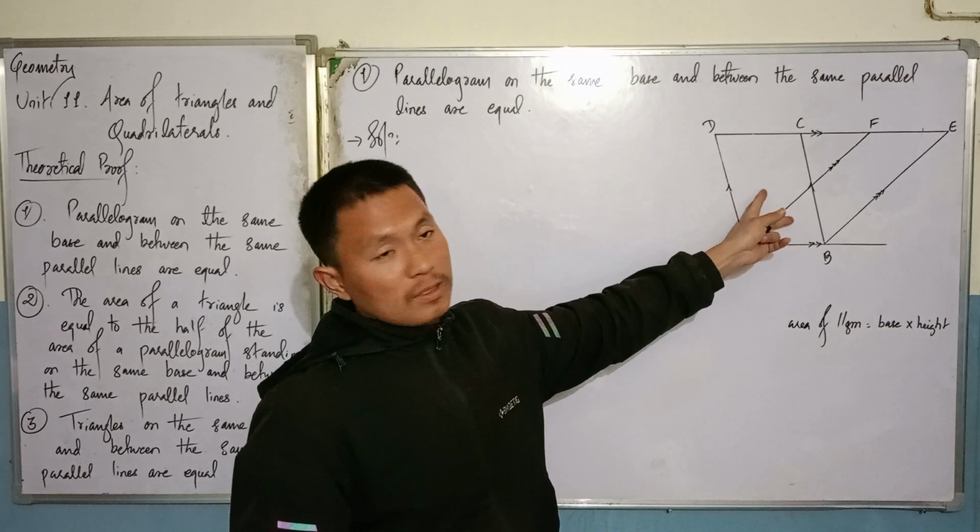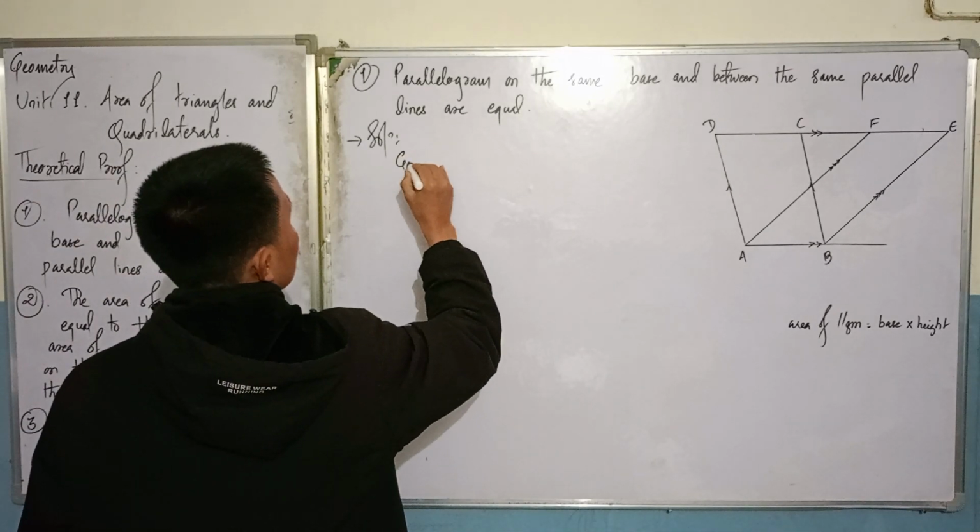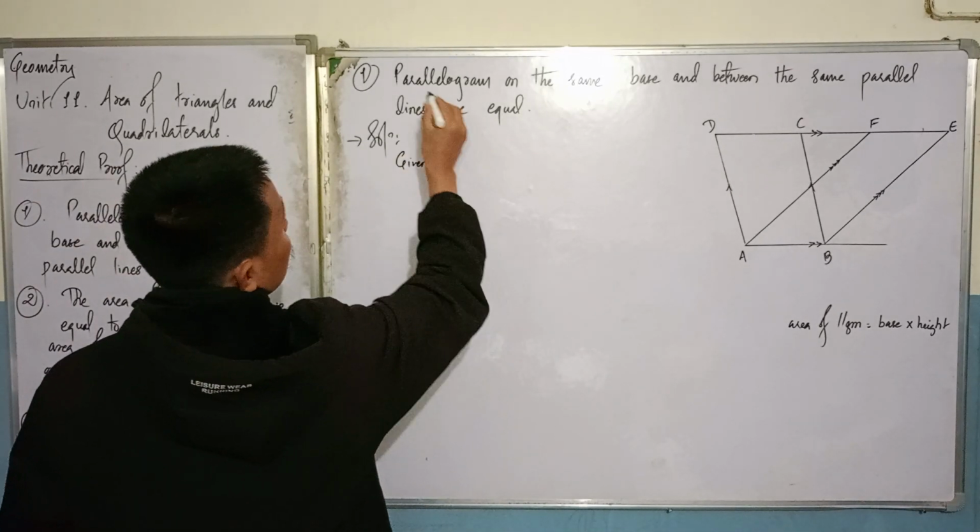In order to prove this, you have to write Given. The construction of the figure is already done here. Then after that, you just have to write here Given. So what is given here?